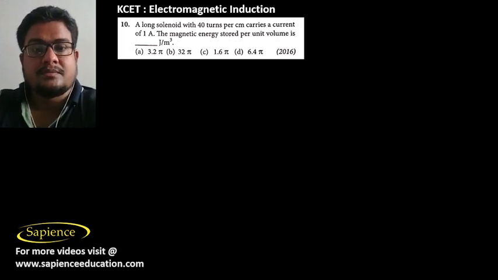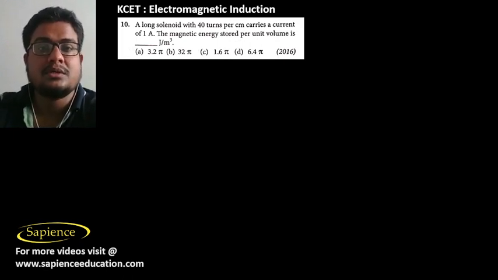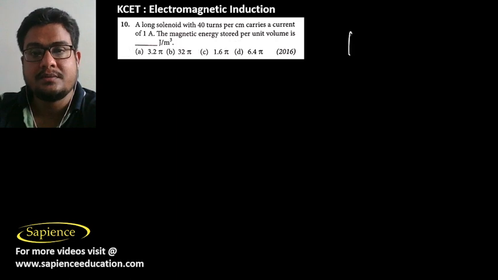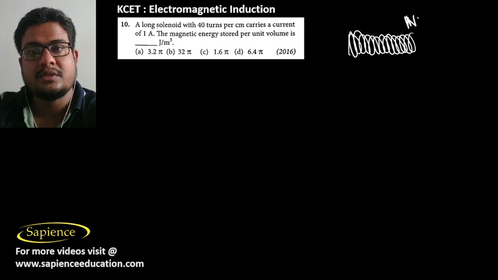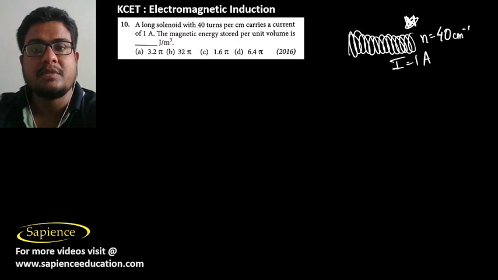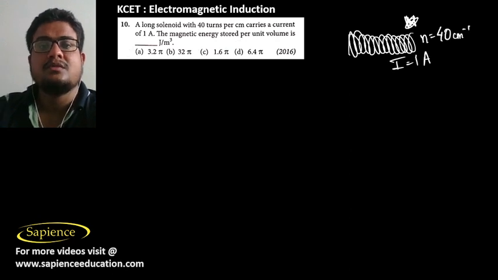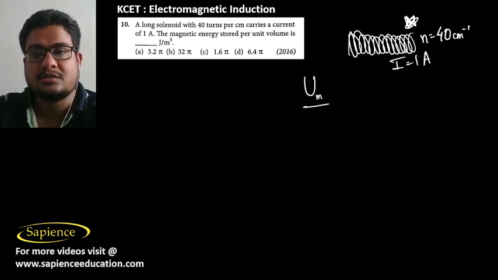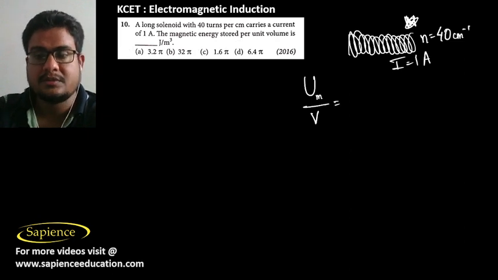So here it is told a long solenoid is having the number of turns per unit length 40 turns per centimeter, carries current I of 1 ampere. Find the magnetic energy stored per unit volume.